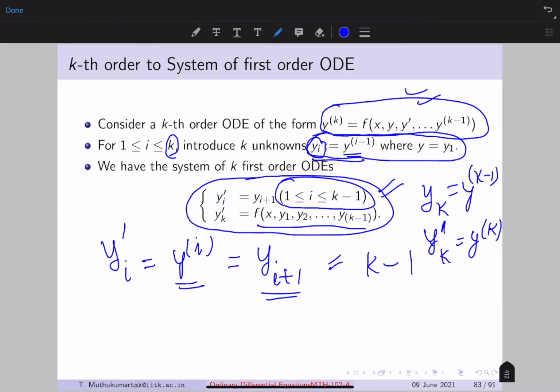So by introducing these k unknowns, we can write this relation. So you have k unknowns and k ODEs, k differential equations.